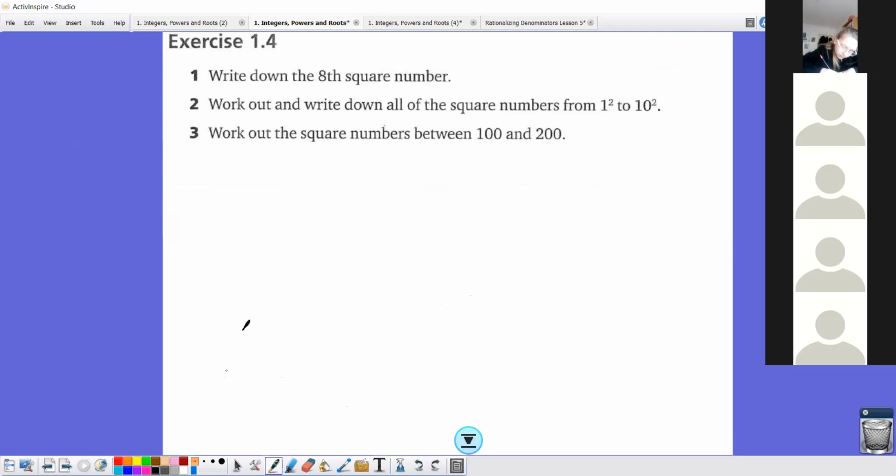Now, it says write down the 8th square number. Who will tell me the 8th square number?